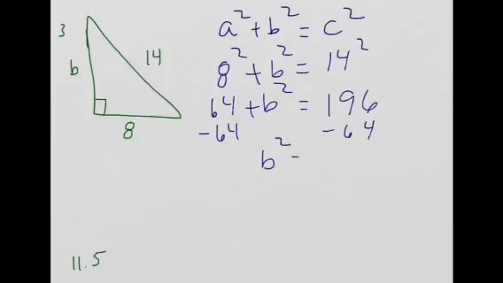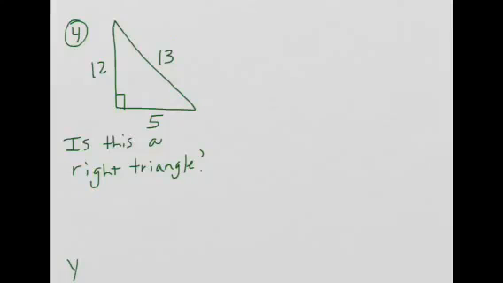So I'm going to have b squared is equal to 132. Take the square root of both sides, and the square root of 132 rounded to the nearest tenth is going to be 11.5.